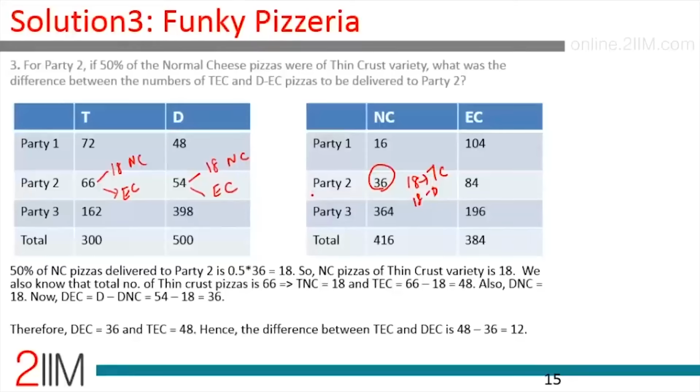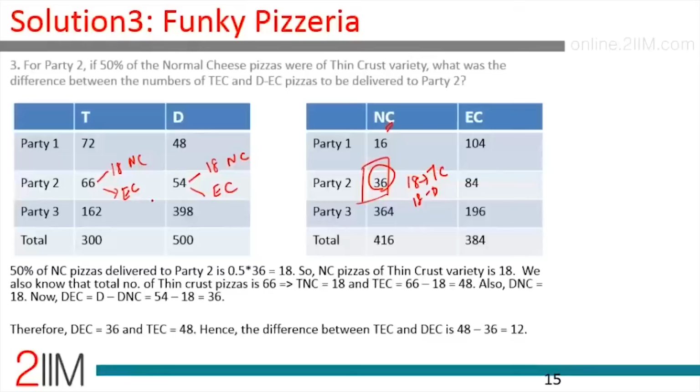So think of what you're doing here. We take the normal cheese data, we have broken that into thin crust and deep dish, and then we go to thin crust and deep dish and break that down into normal cheese and extra cheese. And so we know that 36 normal cheese pizzas are available, of which 18 are thin crust and 18 are deep dish.